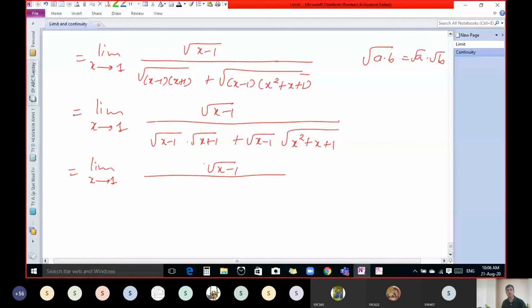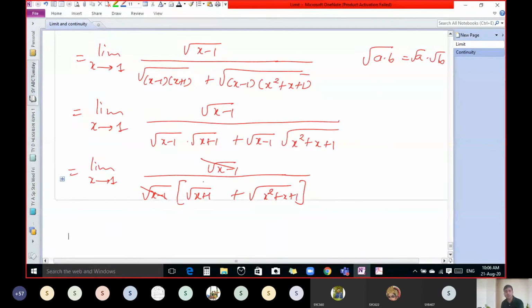Taking root x minus 1 common, in the bracket we get root x plus 1 plus root of x square plus x plus 1. Now you can cancel this and put x equal to 1.